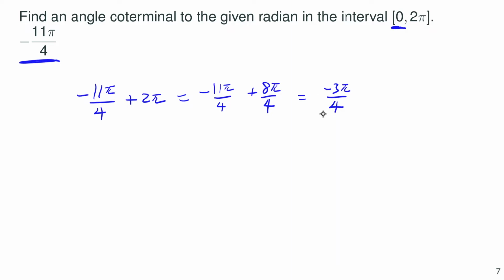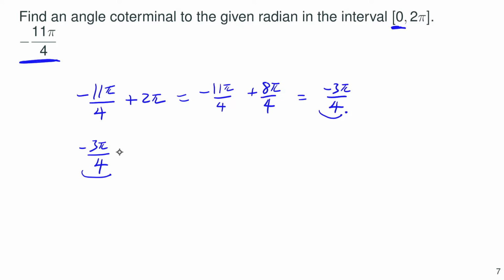Still a negative number. So from here, we're going to start a new line and add 2 pi again. We don't write it on the same line, because then we'd be claiming that this equals this, which is not true. So we have to start a new line or separate work showing that we got this.